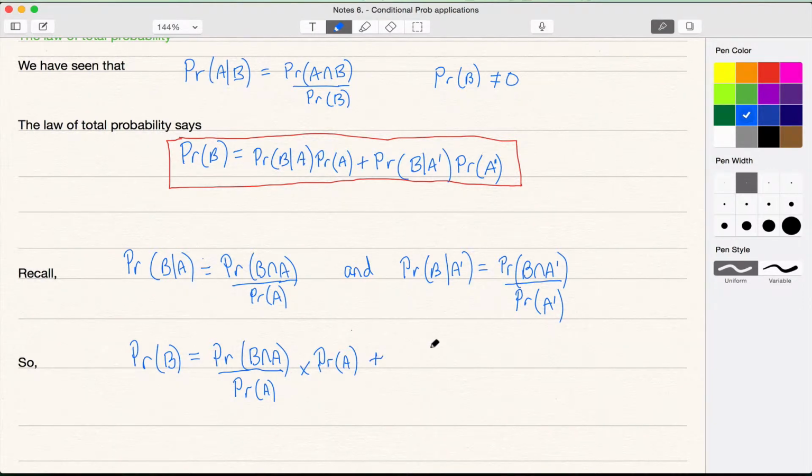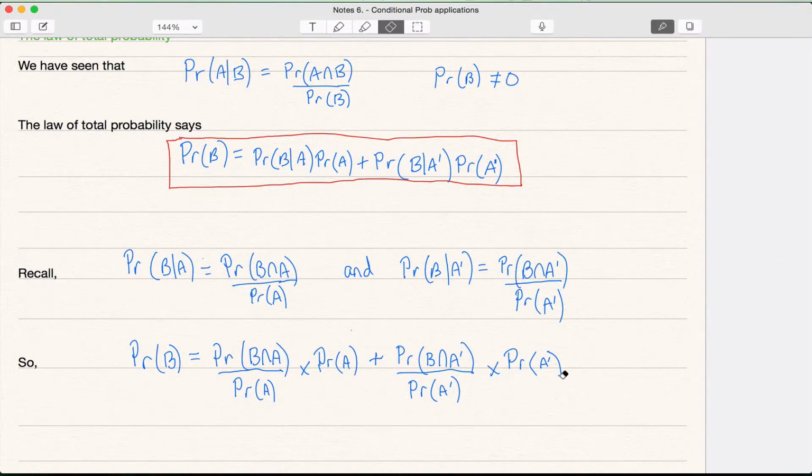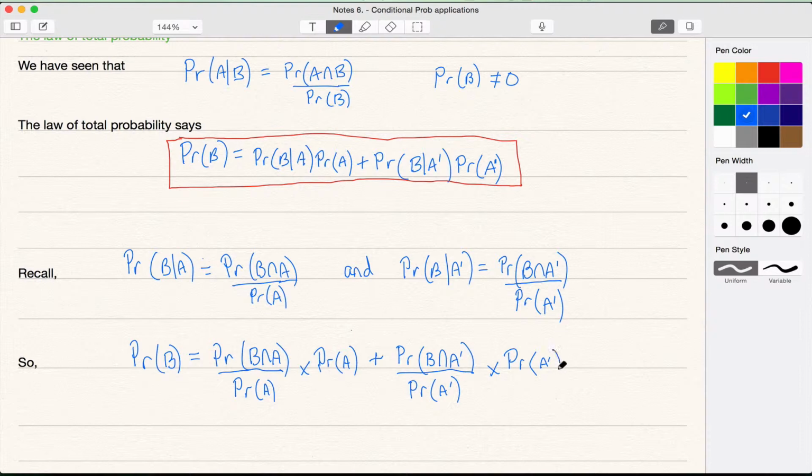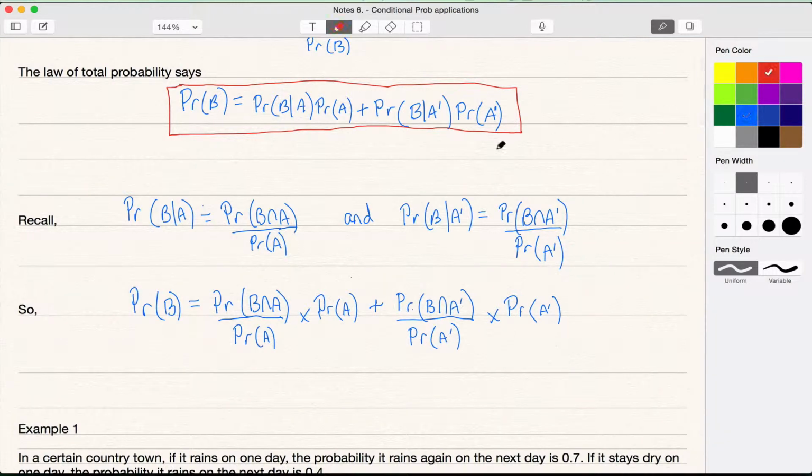plus the probability of B given A dash, which is down here, B intersect A dash over the probability of A dash. That's B given A dash, and then we times it by the probability of A dash. I keep forgetting that dash on the end there. Okay, what we've got here is divided by probability of A times probability of A, so these two you might have noticed will just cancel out.